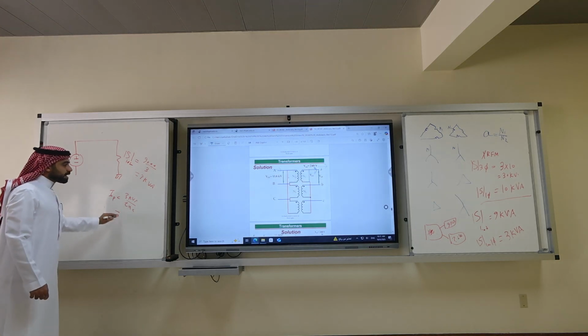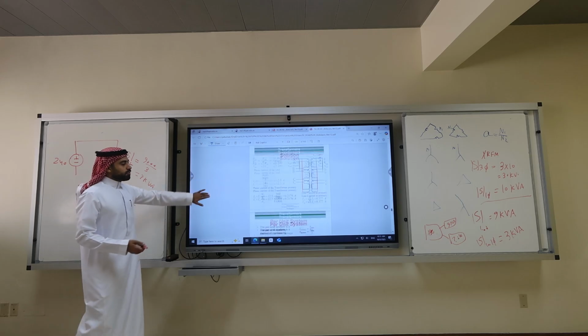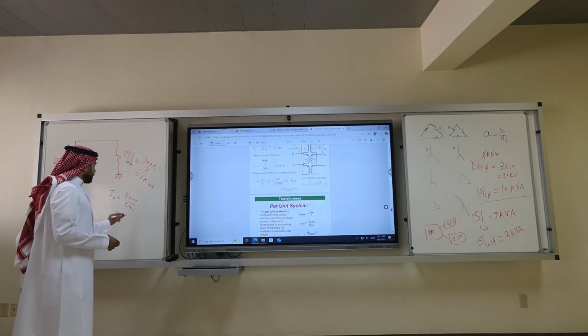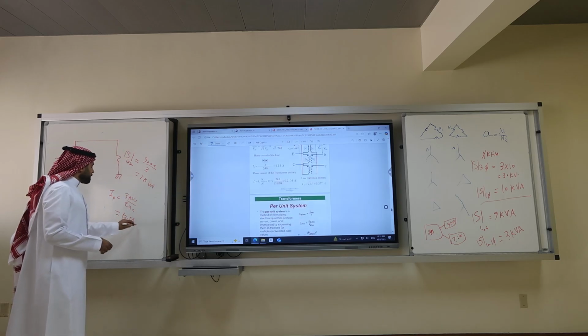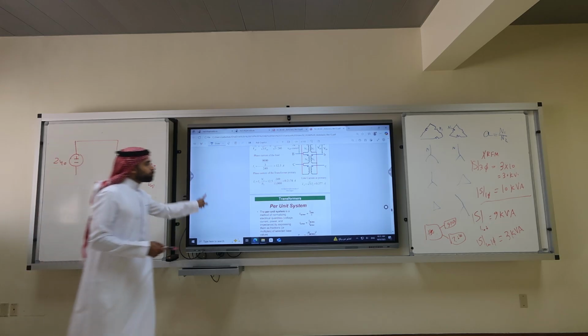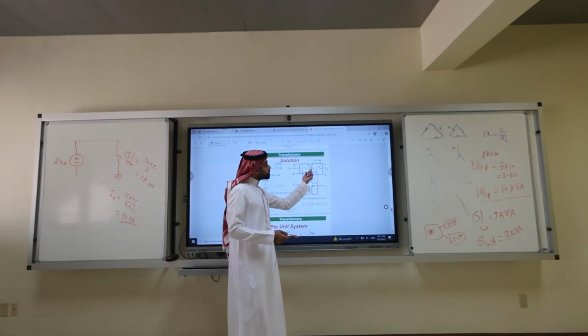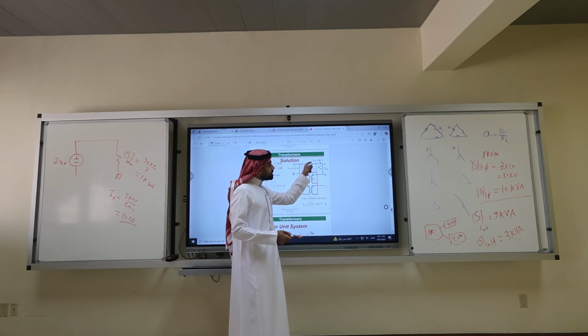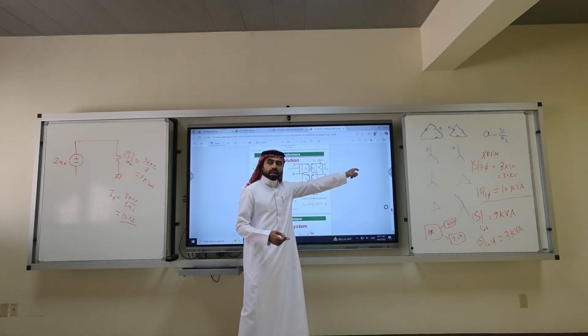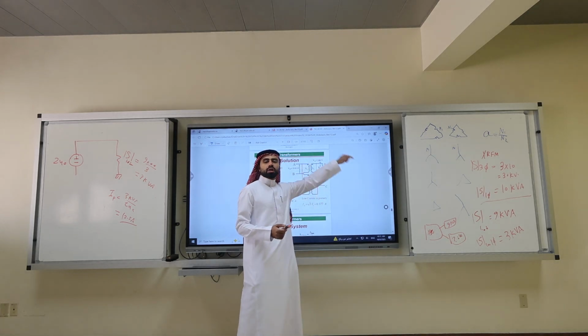And you can get the current to be 12.5 amps. So what is 12.5? It is the current that goes through this coil, which is equal to the load current, the line current. Line goes to the load.